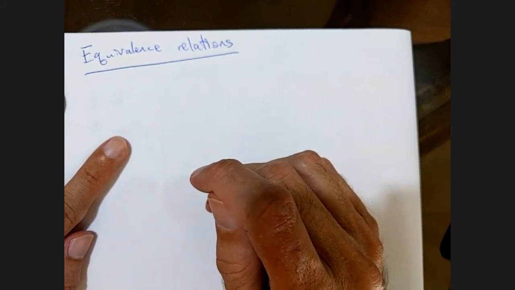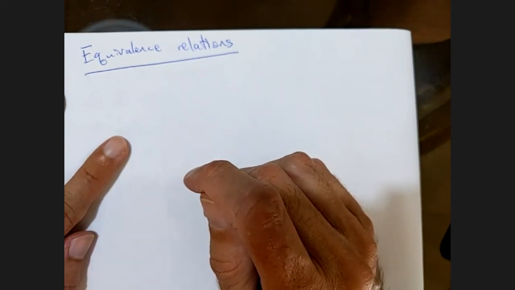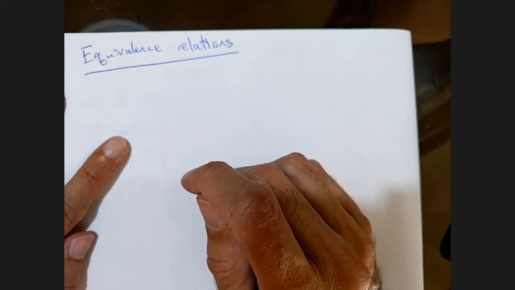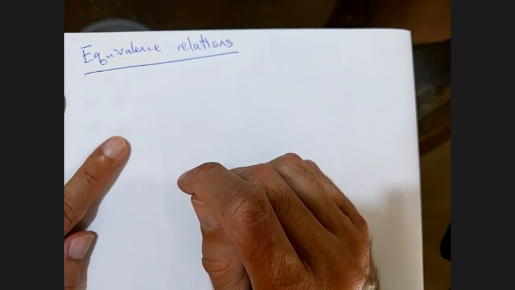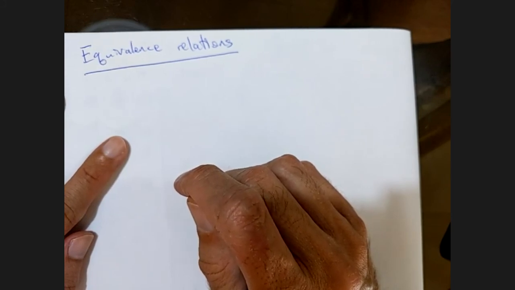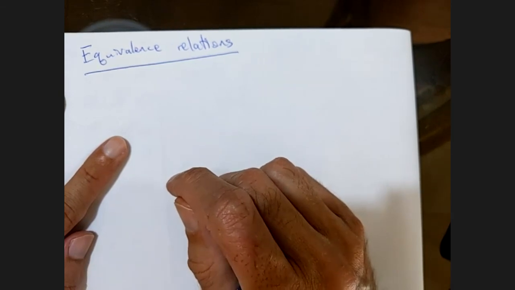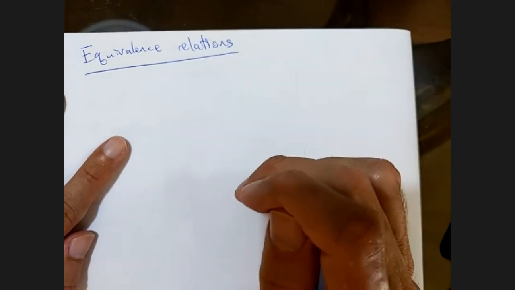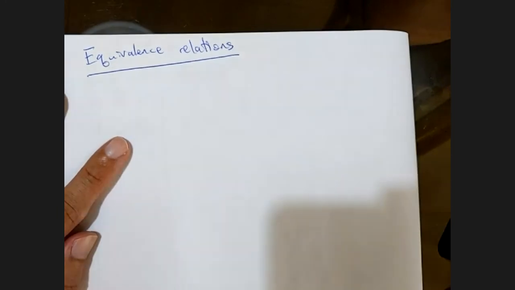Well, this is our main tool to construct kind of new mathematical structures. Like when we have the natural numbers, we construct the integers, and if we have the integers, we construct the rational numbers using equivalence relations, and so on. And many other things too.